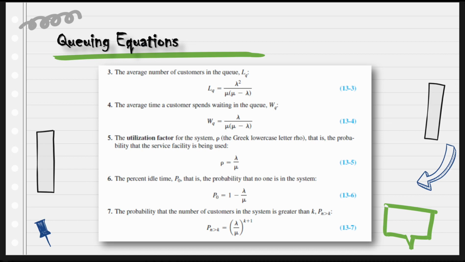So the formula would be P sub 0 is equal to 1 minus arrival rate divided by service rate. Seventh, the probability that the number of customers in the system is greater than K. So the formula would be P sub n greater than K is equal to arrival rate divided by service rate to the power of K plus 1.